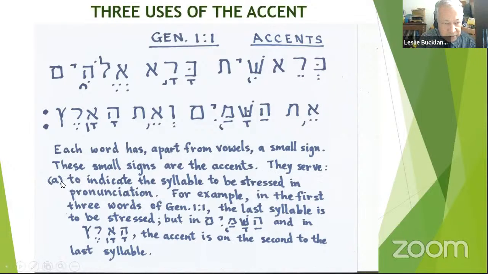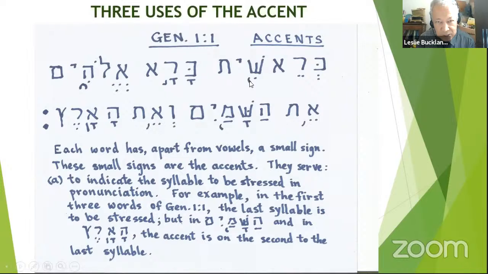So here's the first use of the accents: to indicate the syllable to be stressed in pronunciation. To indicate or to point out the syllable that is to be stressed or emphasized in pronunciation. For example, in the first three words of Genesis chapter 1, verse 1, the last syllable is to be stressed, as you saw already.